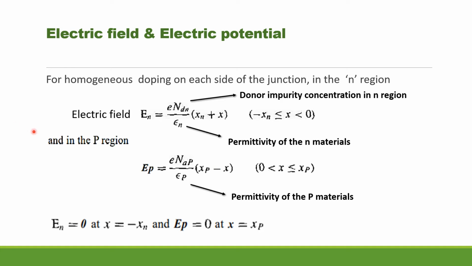Next, we are going to consider the electric field and electric potential in the space charge region. For homogeneous doping on each side of the junction, considering the N region, the electric field is given by En equal to q NDN divided by epsilon N into (Xn plus X), where NDN is the donor impurity concentration in the N region and epsilon N is the permittivity of the N-type material.